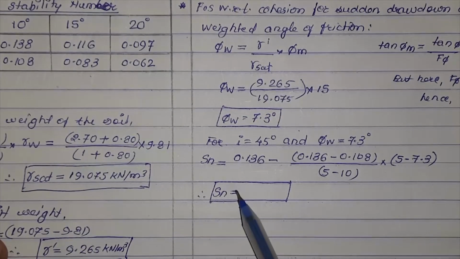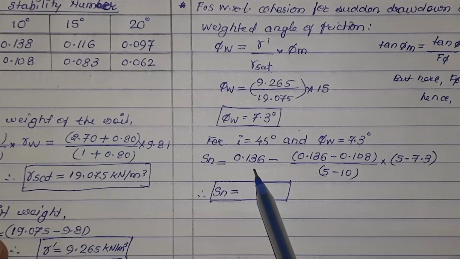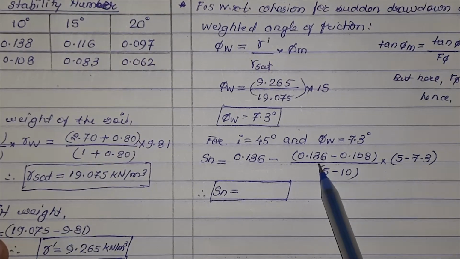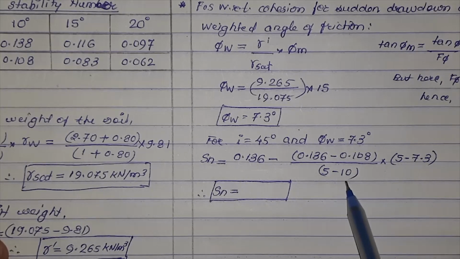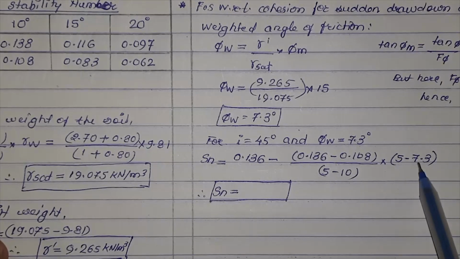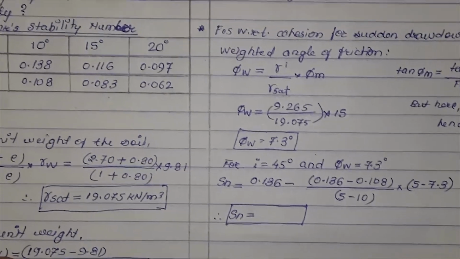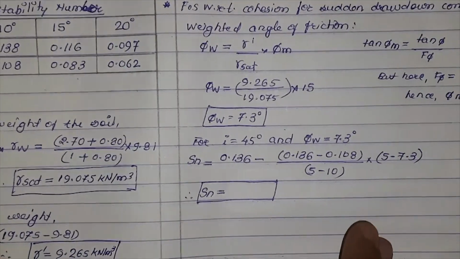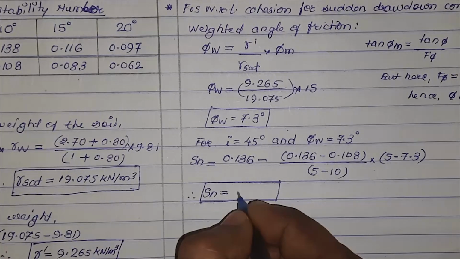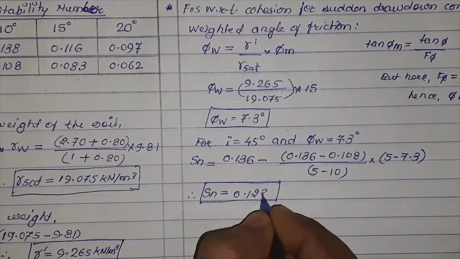In interpolation, the formula would be 0.136 minus (0.136 minus 0.108) divided by (5 minus 10) multiplied by (5 minus 7.3). 0.136 corresponds to 5 degrees. 0.108 corresponds to 10 degrees. After calculation, Sn comes out to be 0.123.